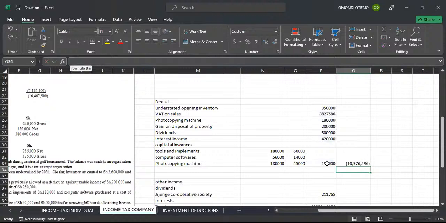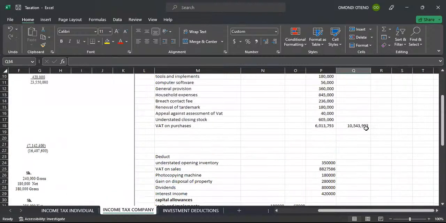So that's what we are going to have there if we deduct.